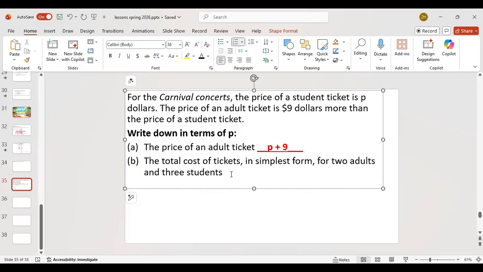So we want the total cost of the tickets in simplest form for 2 adults and 3 students. So let's do this one by one.